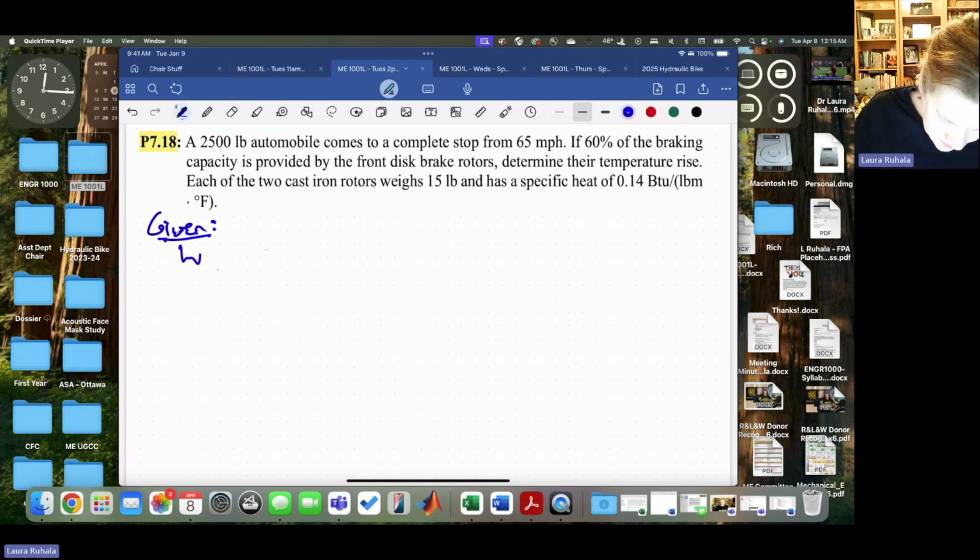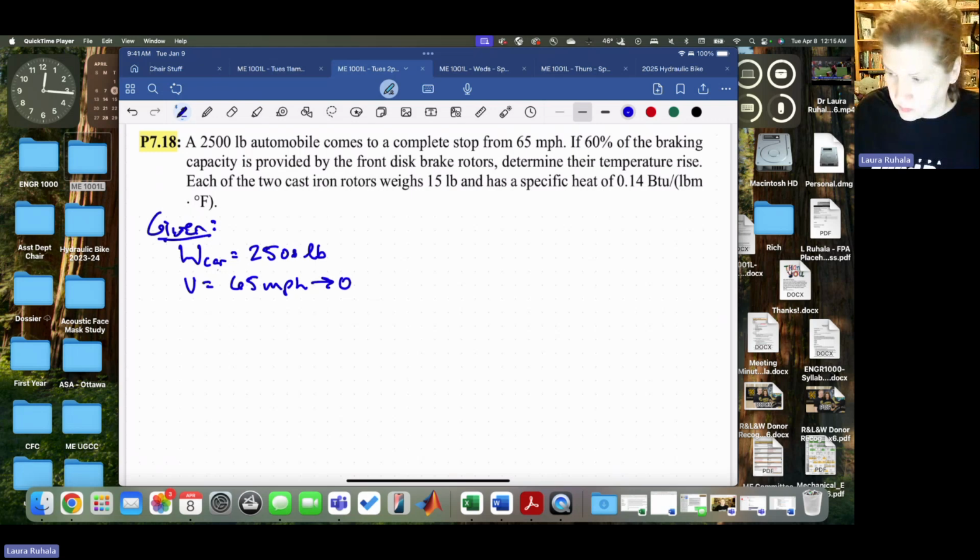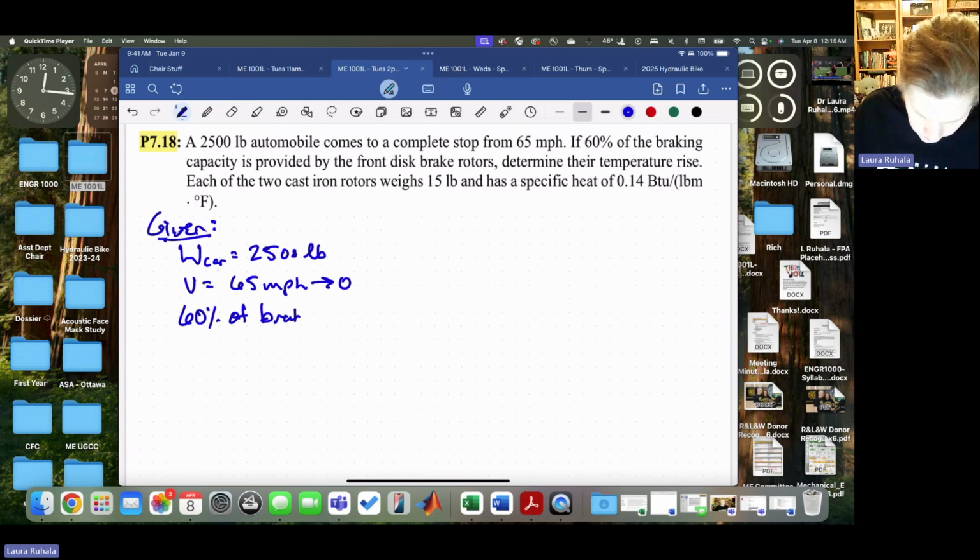The weight of the car is equal to 2,500 pounds. And the velocity goes from 65 miles per hour to 0. And we know 60% of braking is from front rotors.